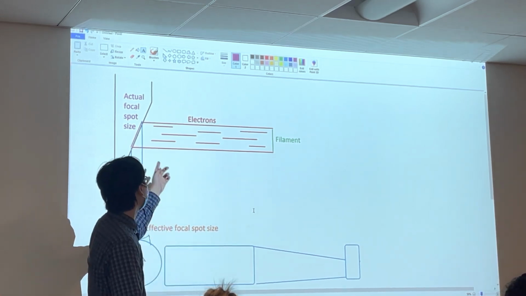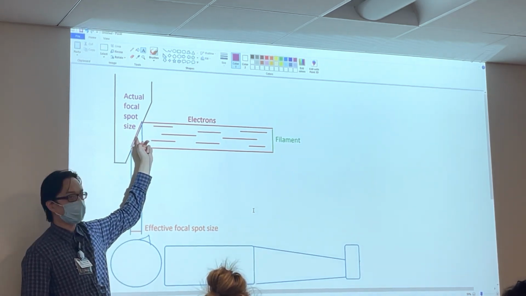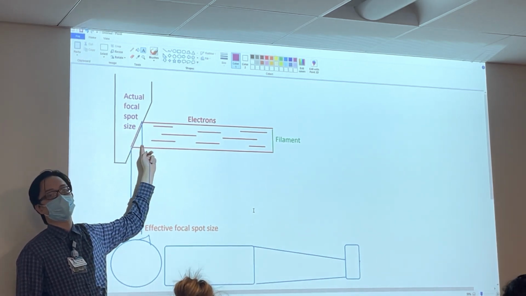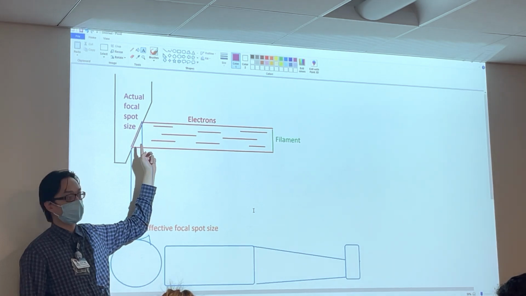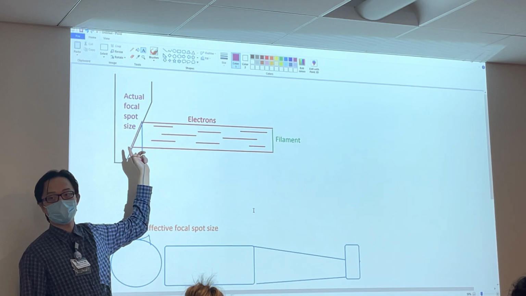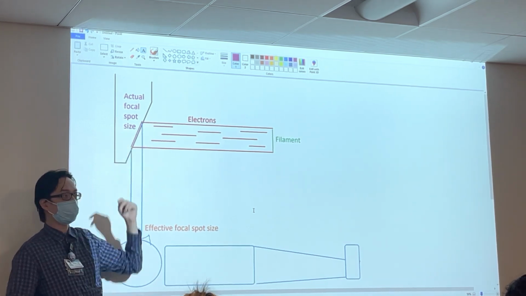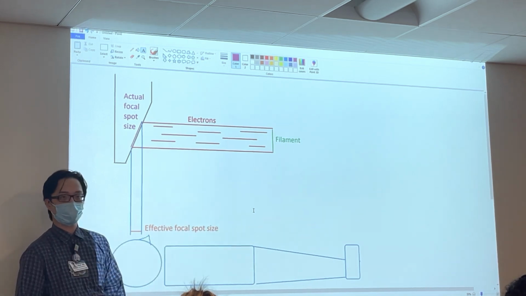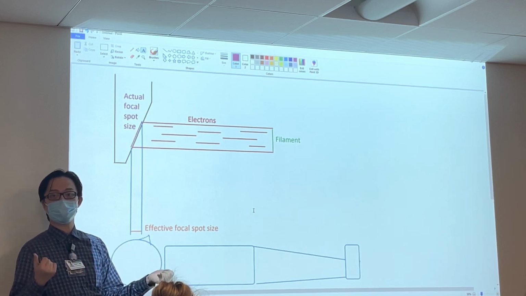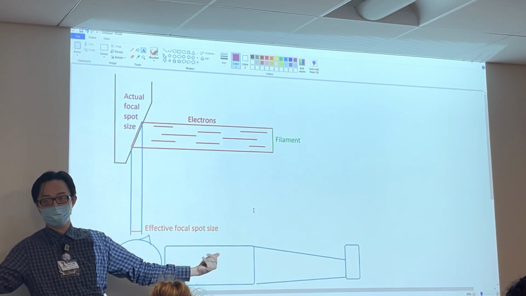Right, so this actual focal spot size is going to determine a certain property about this anode and this tube. It's going to determine how much heat it is able to handle. The bigger this area, the more spread out the X-rays are, and it can withstand more heating, because you're spreading the heat out.